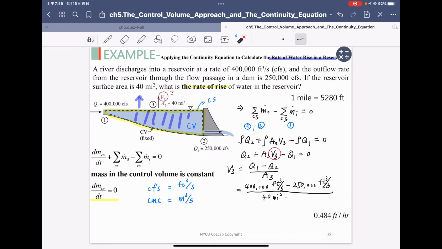So we can convert the miles to feet for our question. So it is 5280 feet per mile, to convert our square miles to square feet. So we need this squared, okay? You can use the calculator to check the answers for this question. I use my calculator to check the answer showing here.